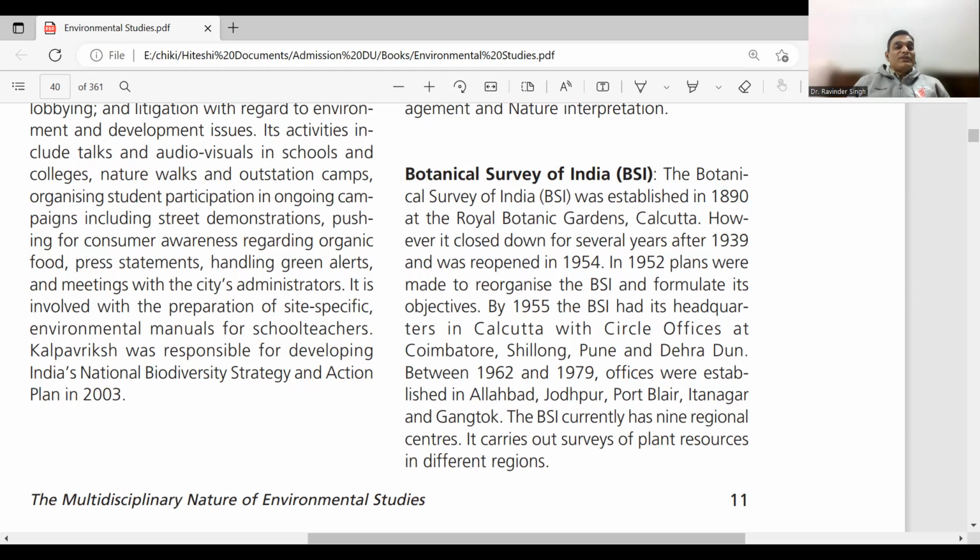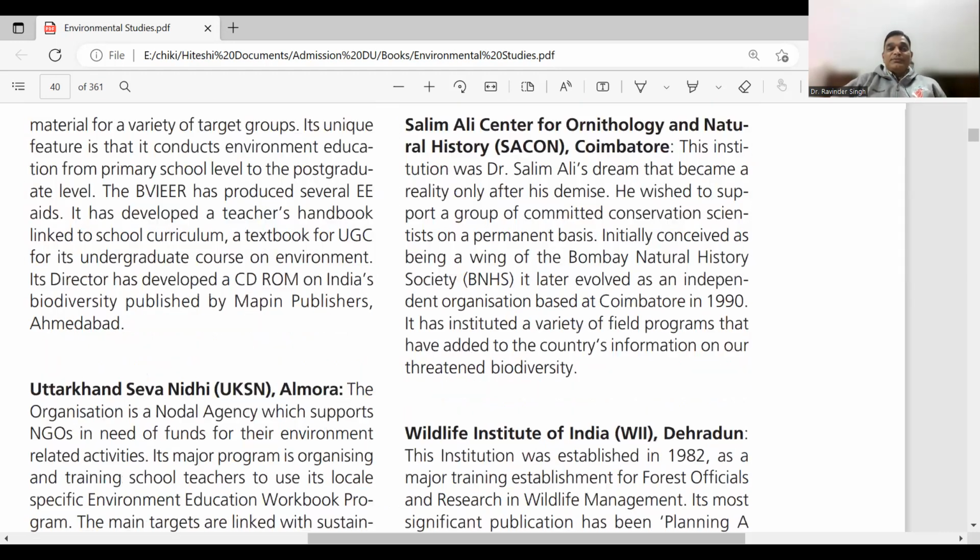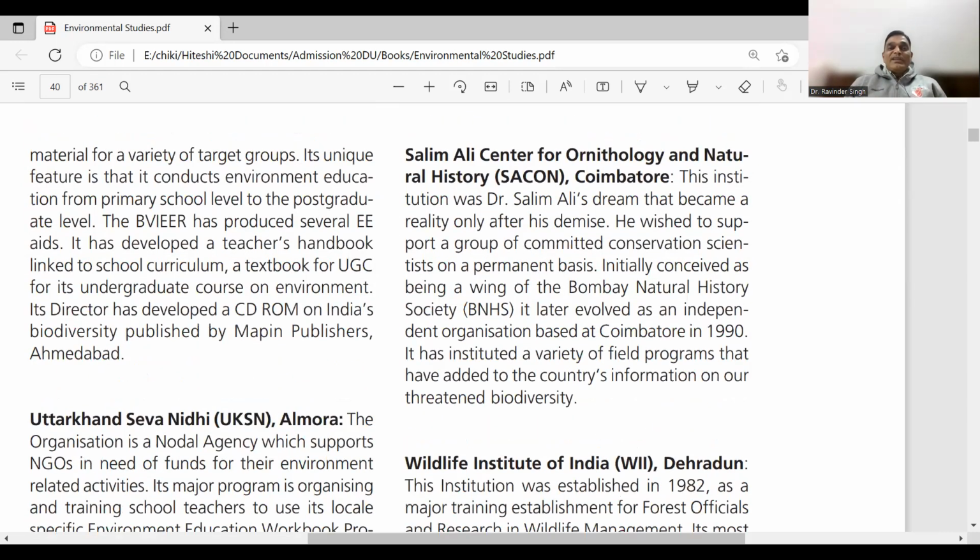It is involved with the preparation of site-specific environmental manuals for school teachers. Kalpavriksh was responsible for developing India's National Biodiversity Strategy and Action Plan in 2003.